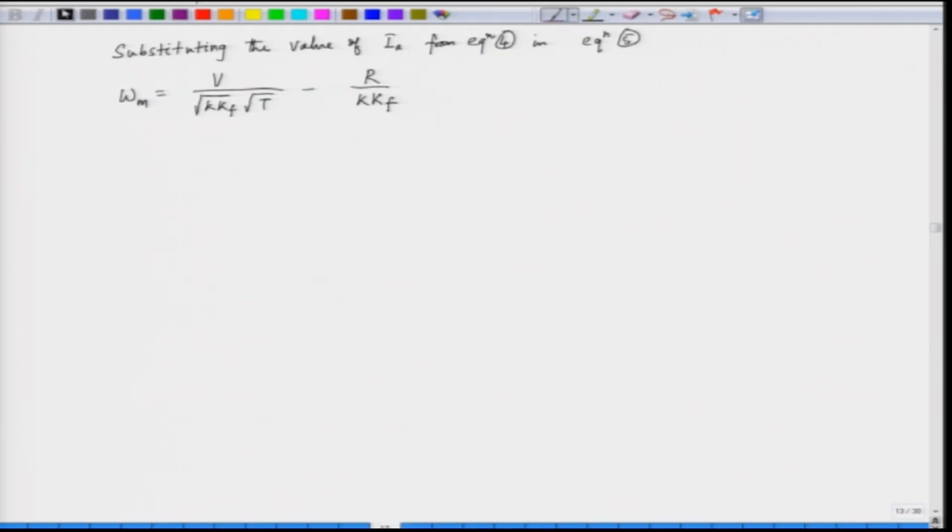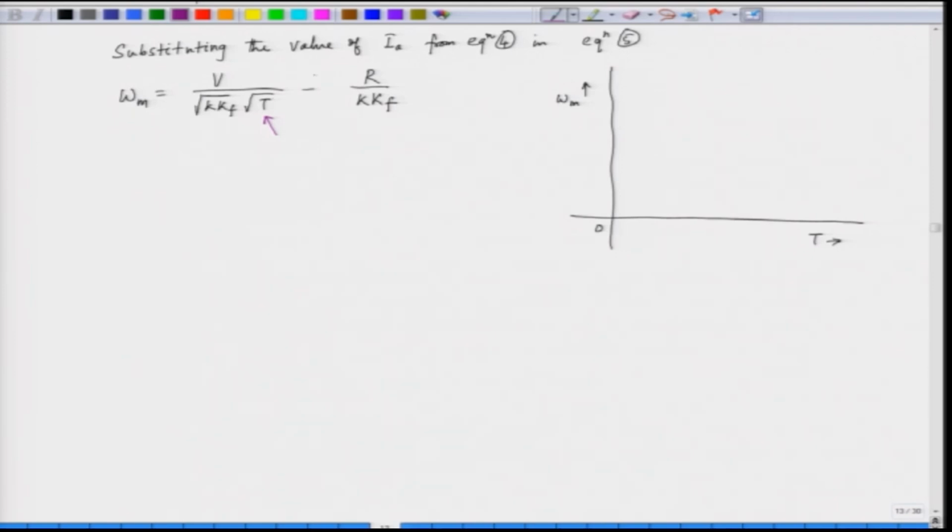Now, let us plot this speed torque characteristic. The torque is in the x axis and speed is in the y axis. Now, if we plot it, if torque is let us say 0 here, if you substitute T equal to 0, what happens? This represents the no load speed, and this is a constant quantity.